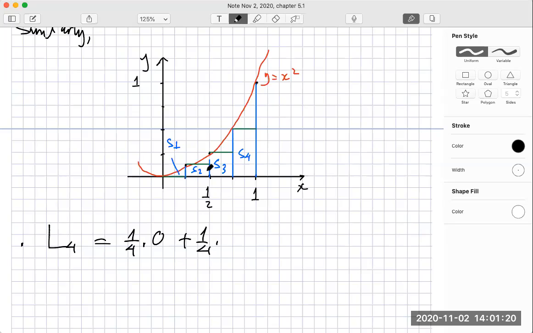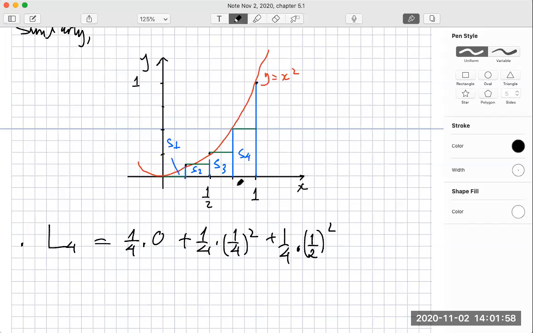The height of this guy is this height, which is 1/4 squared. And the third rectangle will be 1/4 multiplied with the height. And what is the height of this guy, Gary? Perfect. It is 1/2 squared.